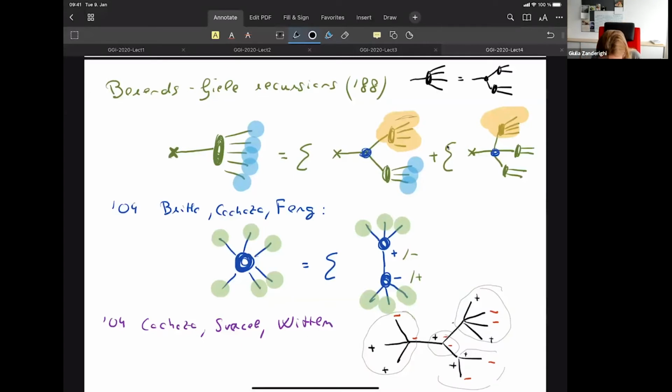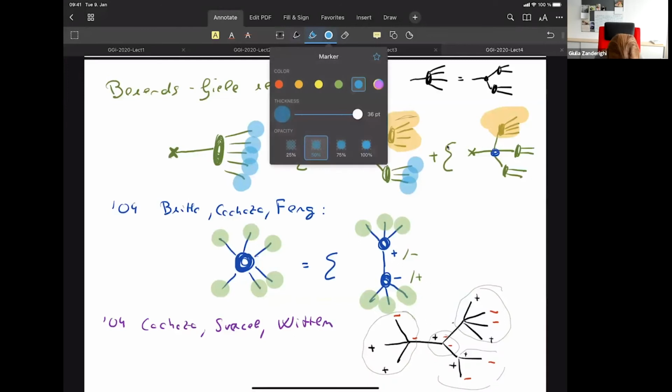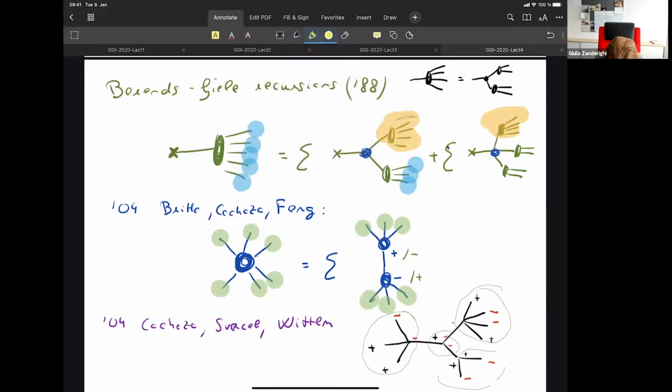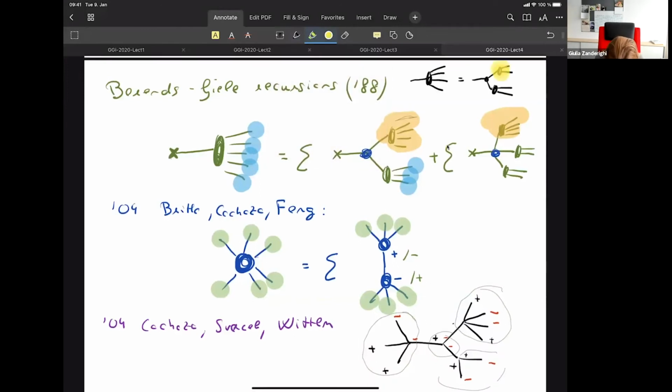And then, when you have only 3 objects here, this yellow block at the very end is nothing but the three-gluon vertex, because at this point you cannot reduce it further. So at the end, the idea is that you start putting together amplitudes, connecting 2 gluons, and you call these off-shell currents.